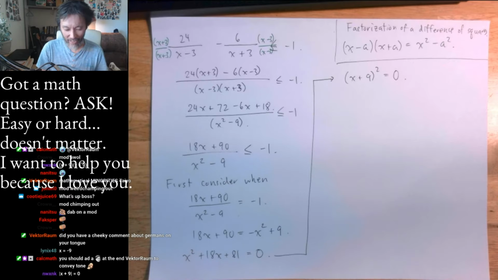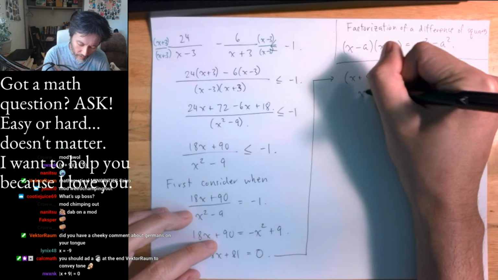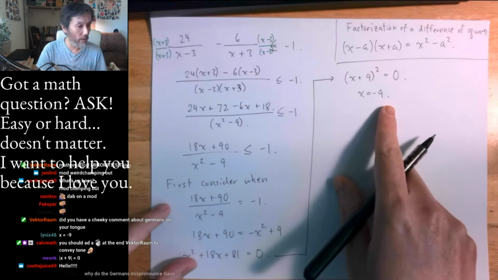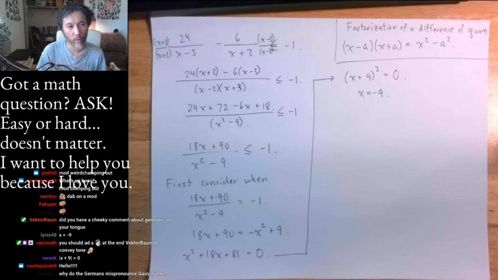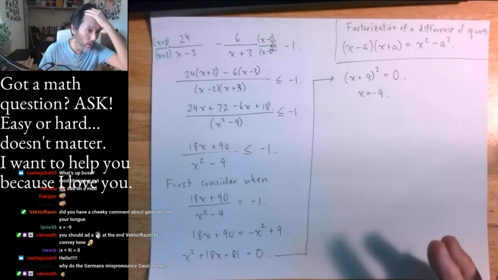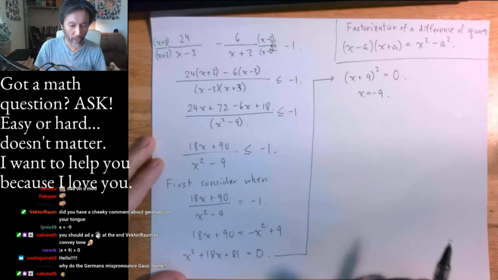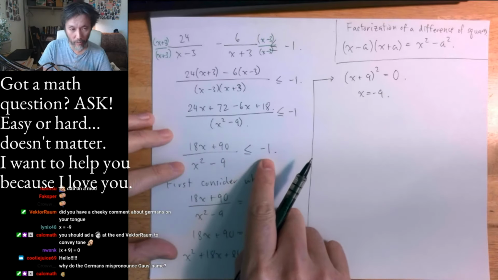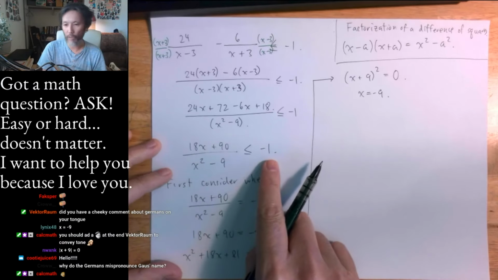What does this mean about x? x equals -9. Good. So when x is equal to -9, that's the only moment when this expression is equal to -1. But that's not what we're looking for. We aren't looking for places where this expression is equal to -1. What we're really looking for are places where this expression is less than -1. We agree?